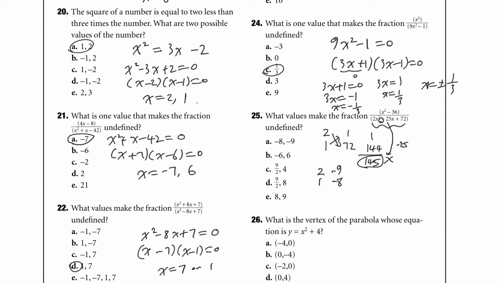And you'll see 2 times negative 8 is negative 16. 1 times negative 9 is negative 9. When I add them, negative 25. So how do you write this? We found the right pair. It's 2x, the front coefficient, minus 9 times x minus 8 is equal to 0. So x is equal to 9 over 2 or 8. D.